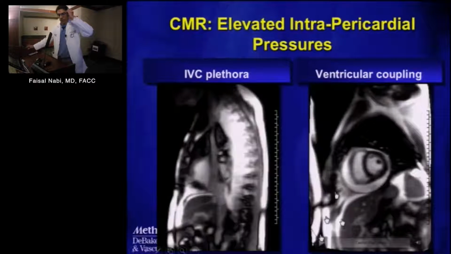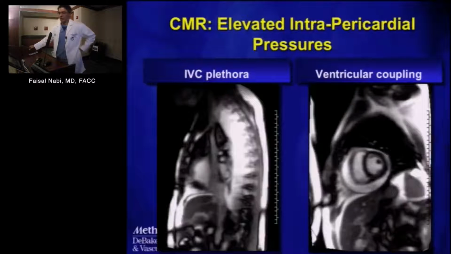Okay, so along the lines of CMR, we actually have the ability, with real-time imaging, to see this dissociation between intrathoracic and intrapericardial pressures. Specific things we would look for are: are we seeing IVC plethora? Are we seeing an IVC that doesn't collapse with respiration?